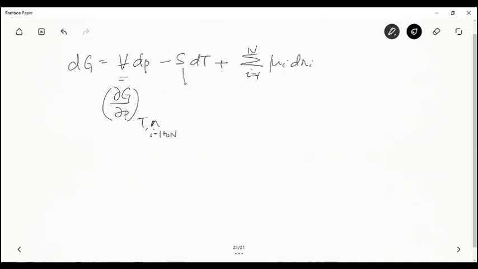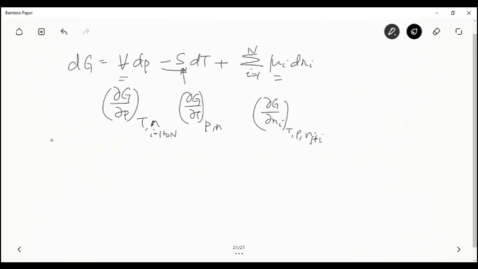And similarly we could write this minus S as del g by del T at constant p, n, and this mu i of course was del g by del n_i when T, p and n_j not equal to i are kept constant.